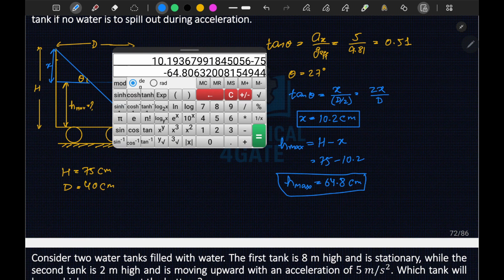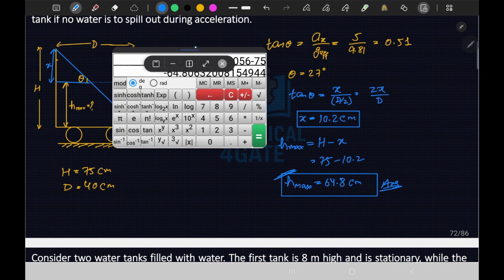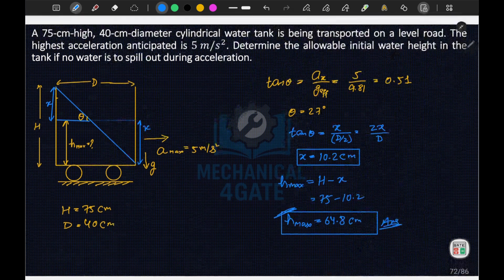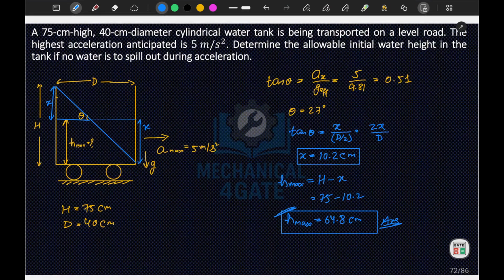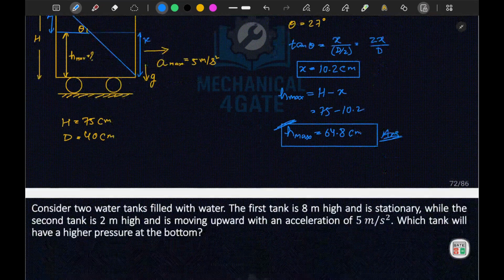This is your answer. So this is the allowable initial water height in the tank so that no water is spilled out during acceleration of 5 meter per second square. Okay, now let's move to next question.